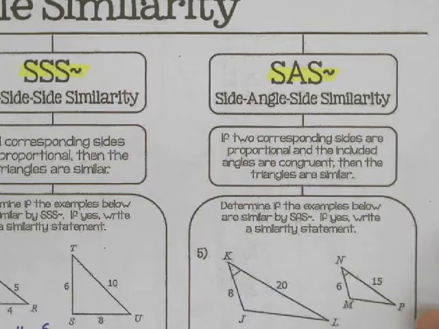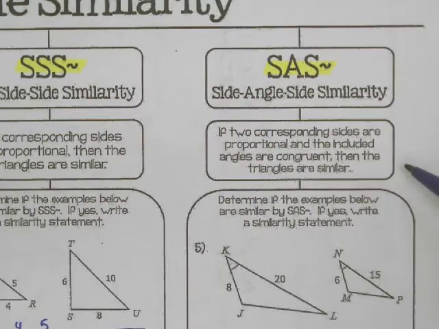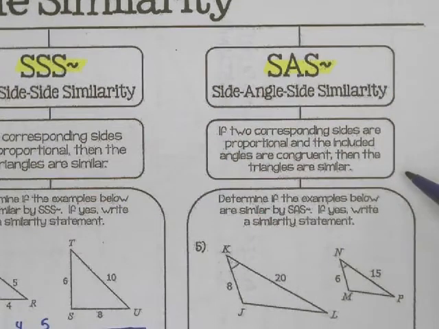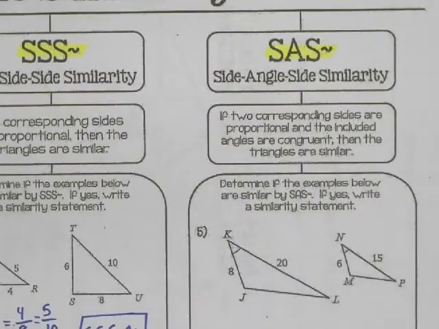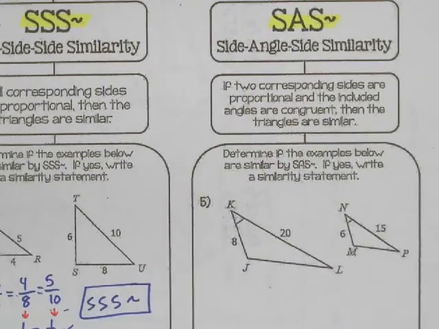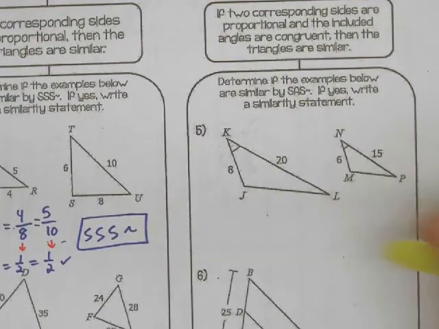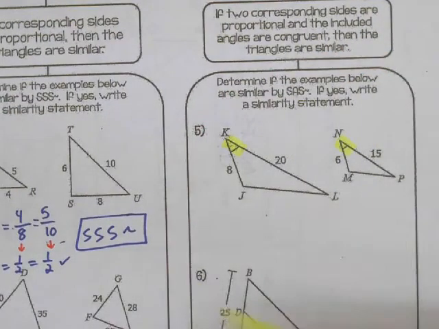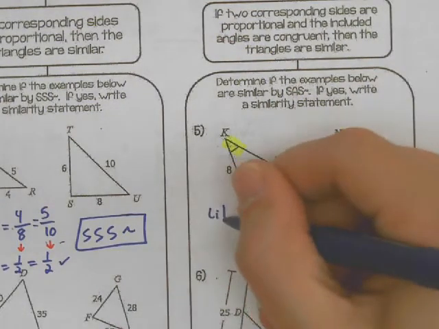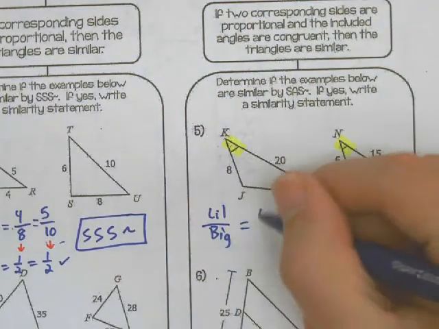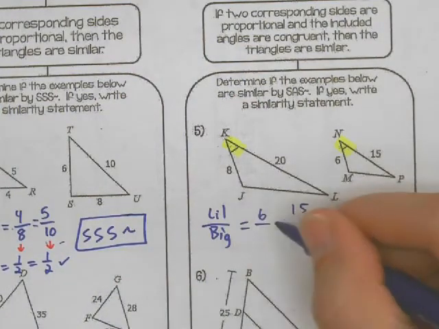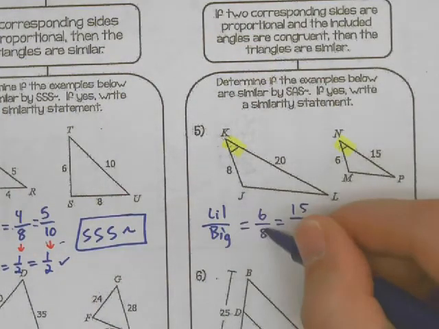The last kind of similarity is SAS. This says if two corresponding sides are proportional and the included angles are congruent, then the triangles are similar. So, we are first going to notice that the triangles in example 5 have matching angles. Then we're going to set up little over big fractions, and that would be 6 and 15 from the little, and it would be 8 and 20 from the big.